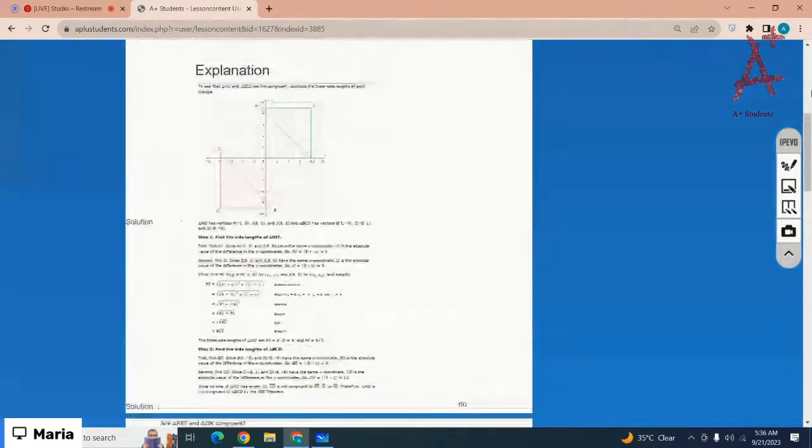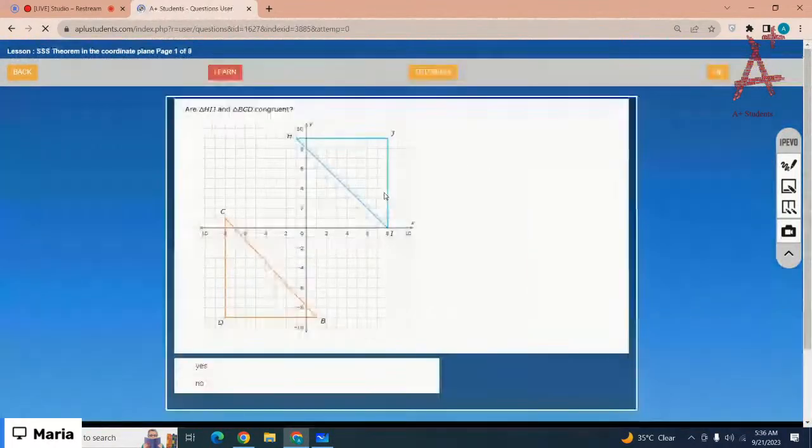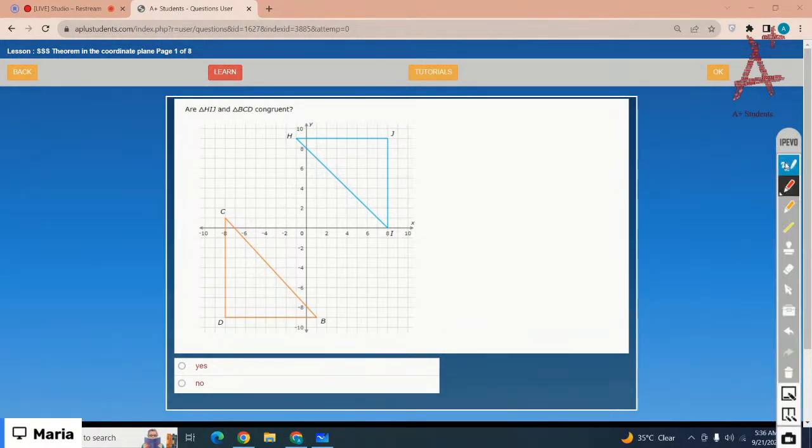Okay, let's just start with the test questions. Are triangle HIJ and triangle BCD congruent? Let's just calculate their side lengths, right? You're given the coordinates. So here the coordinates are 8, 0; 8, 9; negative 1, 9.